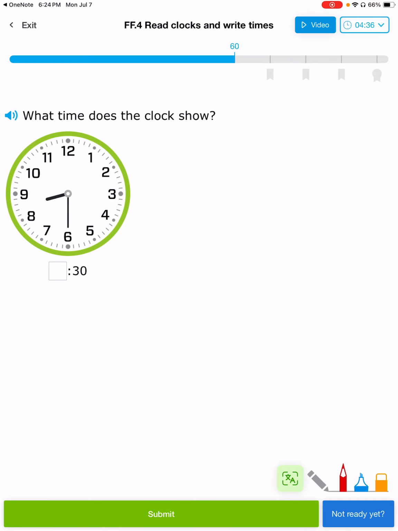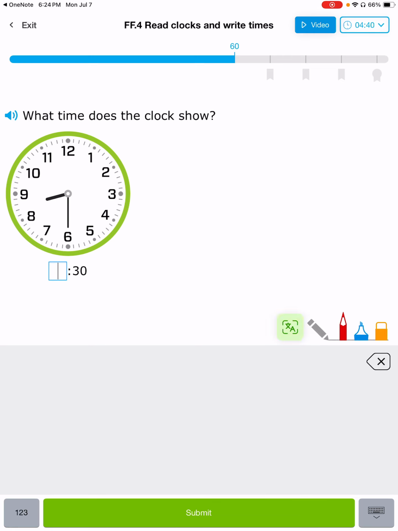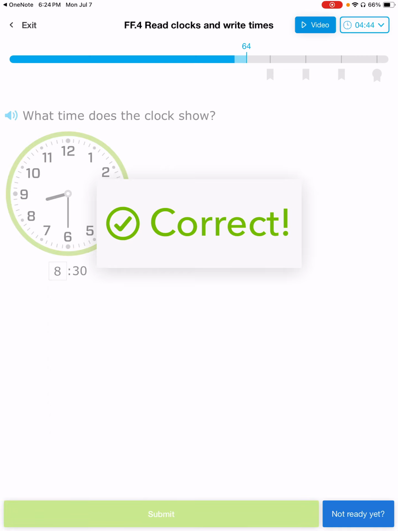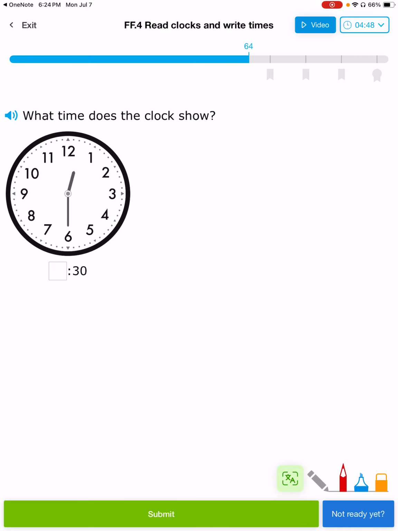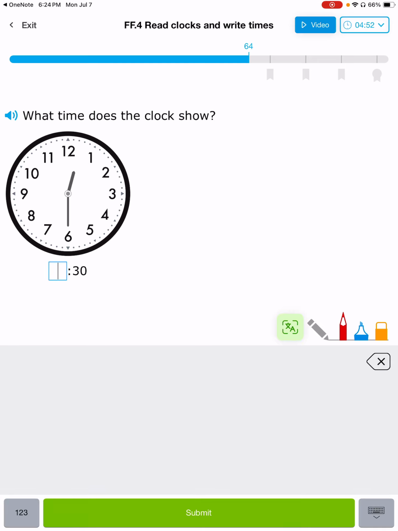What time does the clock show? It's past 8, so it is 8:30. What time does the clock show? It's past 12. It is 12:30.